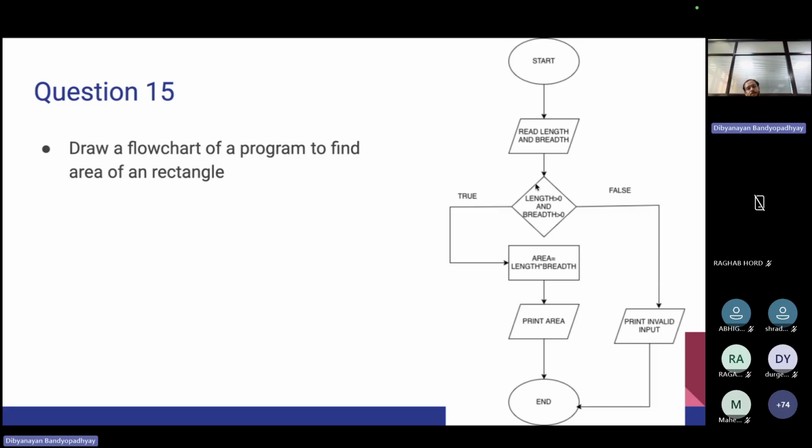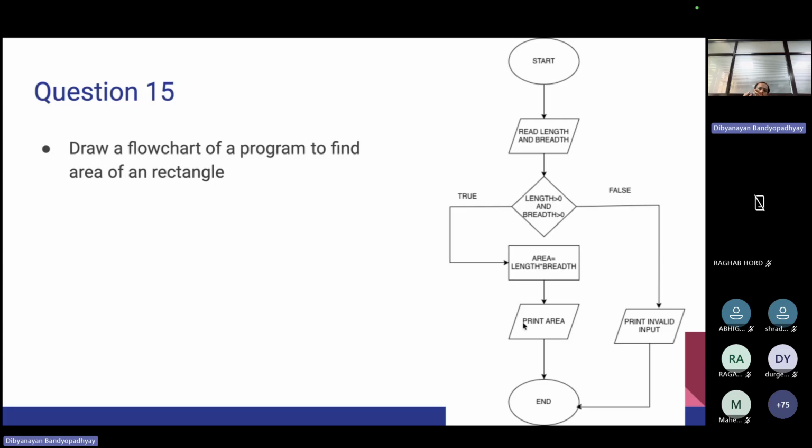These kinds of constraints are very important to evaluate because the computer is not able to understand what the rectangle looks like. It only understands logic. If you don't provide this logic, and let's say length is 0 and breadth is 15, it will say the area of the rectangle is 0, because it multiplies 15 and 0 and gives you 0.